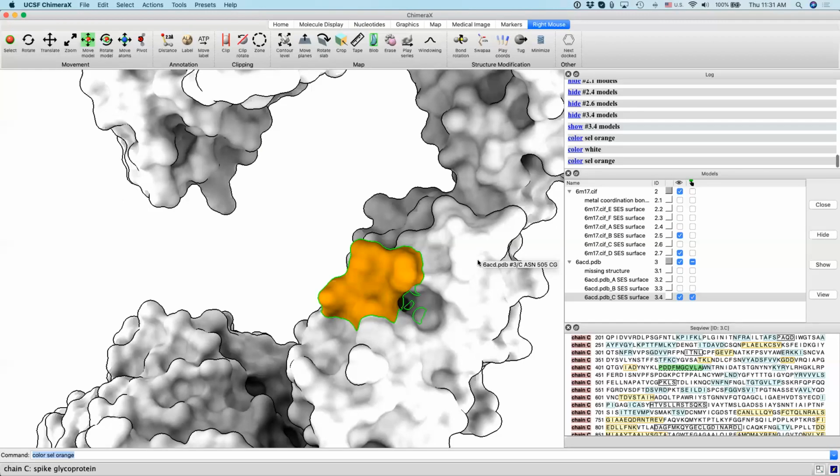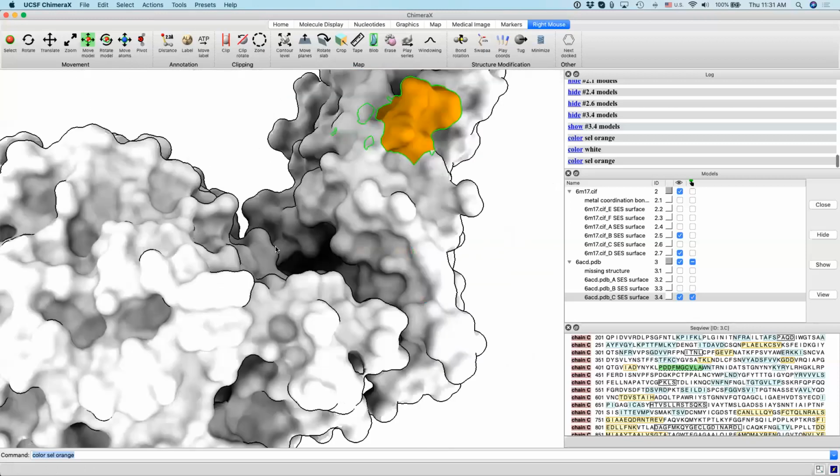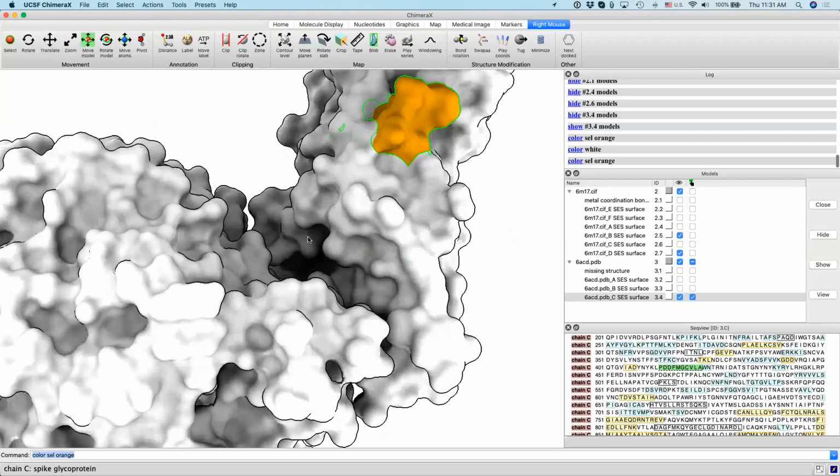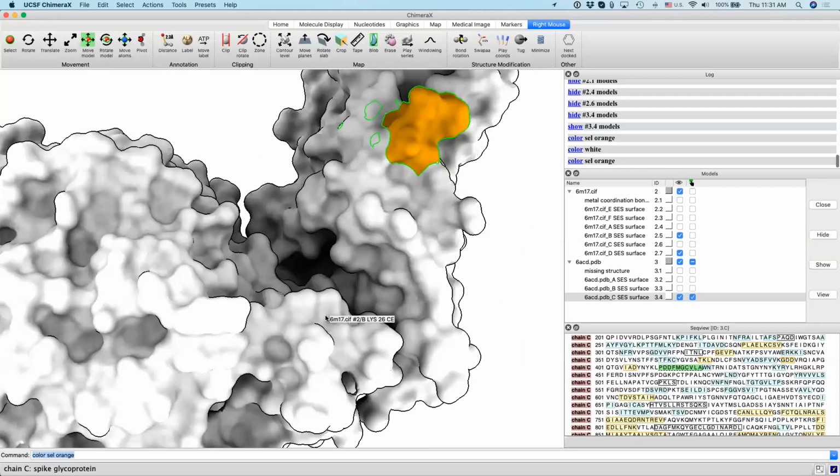Those are the receptor binding motif, which is just the interface between this portion right here and this portion right here. So how can we study that interface from the standpoint of physicochemical properties that are responsible for the chemical connections between these two molecules? We can look at a model that has the two pieces bound together.